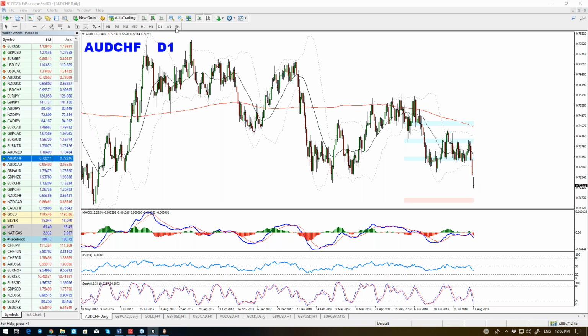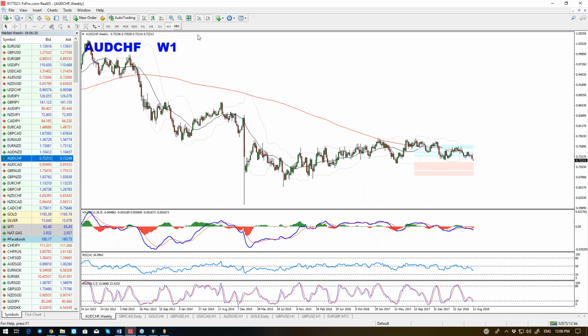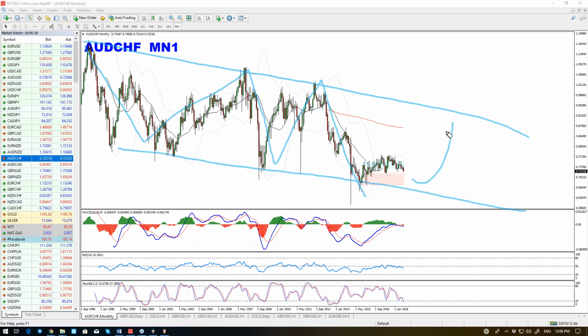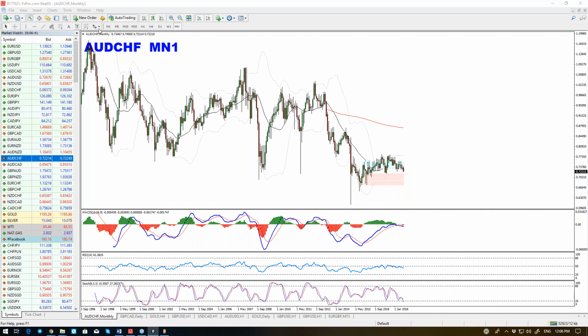So Aussie franc on the short term looks bearish. For the longer view, we would be after buys. I want to remind you that according to the very long term, we're also into buys here after the triple cycle and the channel, right? Our idea is to get the buys.